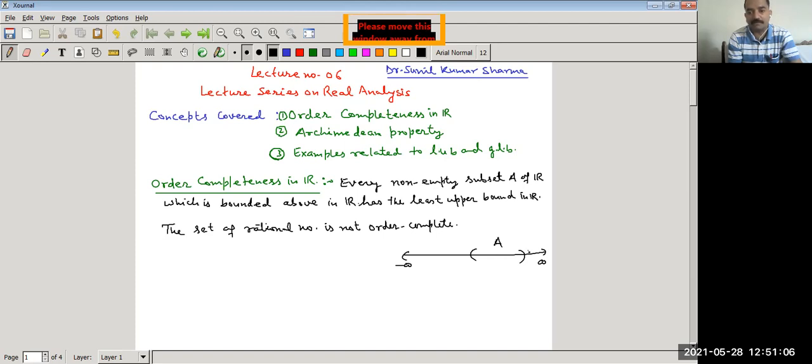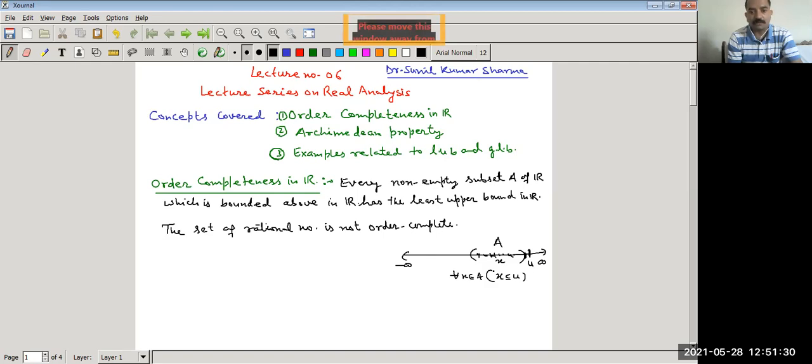Bounded above means it has an upper bound. So for all x belonging to A, x is less than or equal to u. u may be on the boundary of this. All x lies here. For all x belonging to A, x is less than or equal to u, where u is any real number.